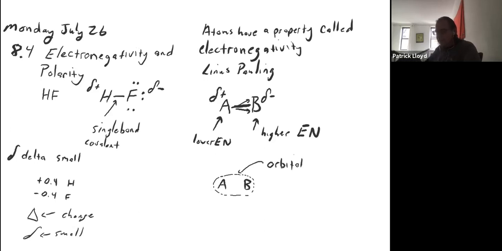Okay. Now, if B has a higher electronegativity, what's going to happen? You're going to get more electron density around B. So you have more of the orbital around B and less of the orbital around A. Remember, it's a wave, right? So now you have more electron density, and less electron density.